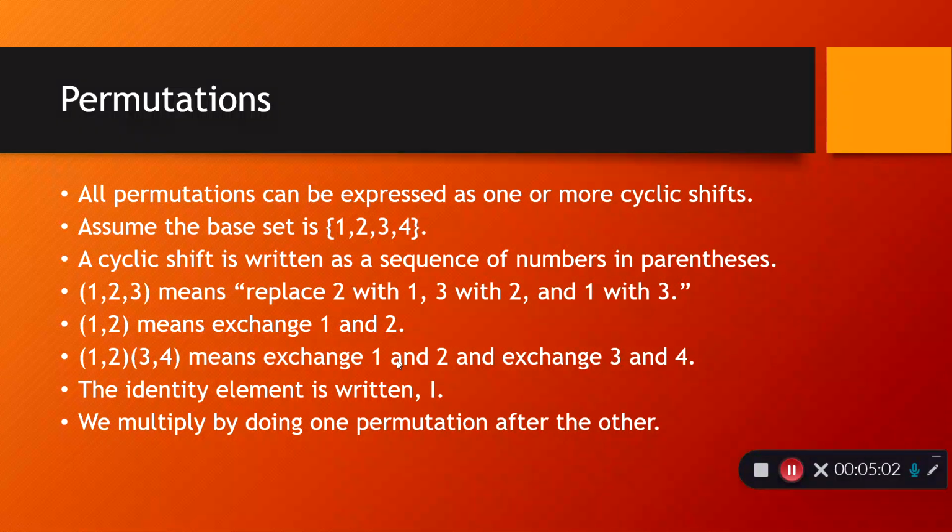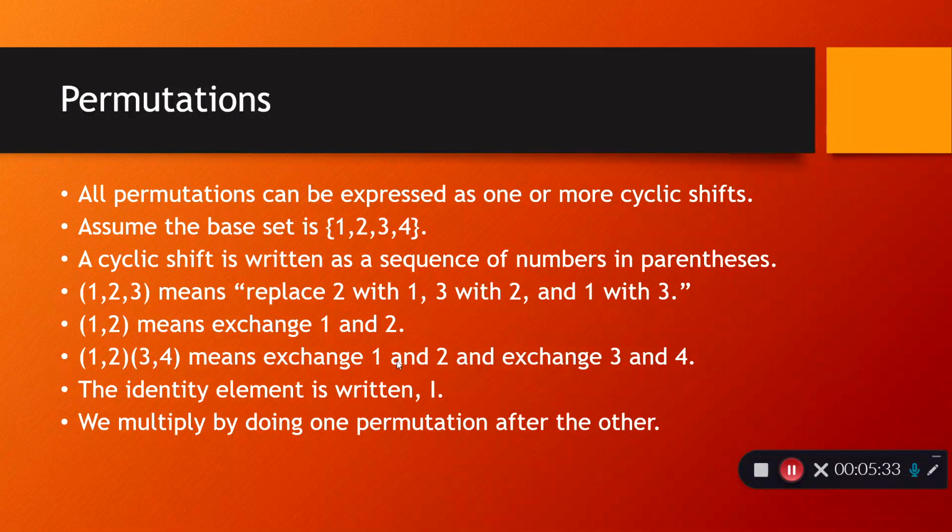Now I can take products of cyclic shifts by writing them one after the other, as I have in the third example, (1, 2)(3, 4). That's a single permutation. It means exchange 1 and 2 and simultaneously exchange 3 and 4. The identity element is also a permutation. It obviously is devoid of any sort of shifts, and so I write that as just I.